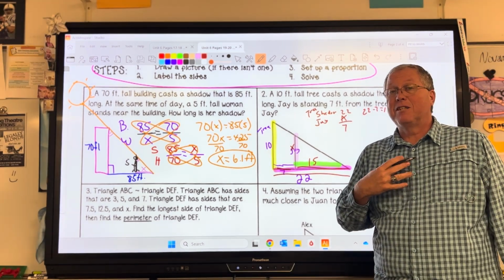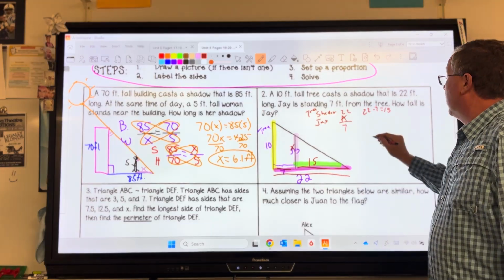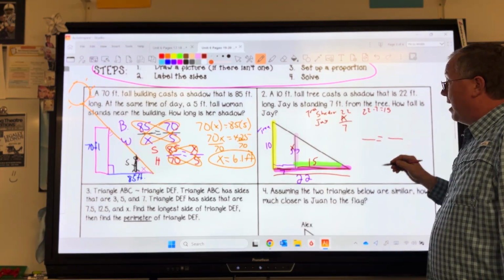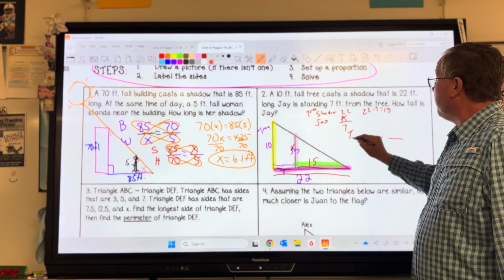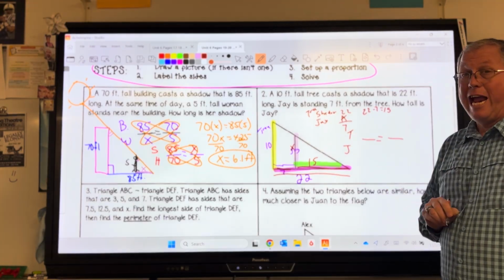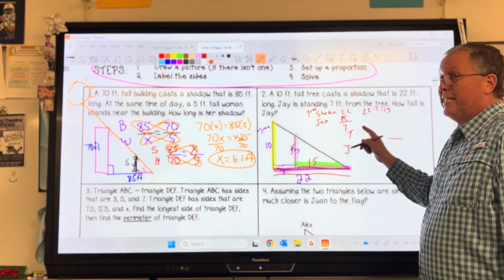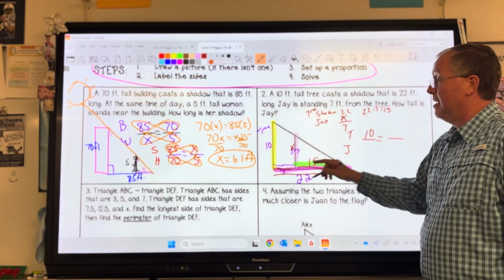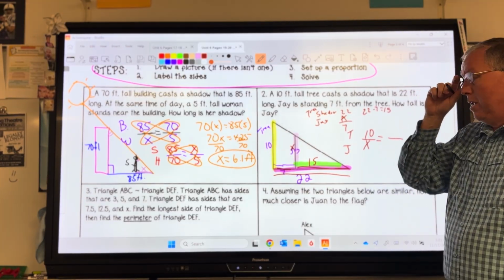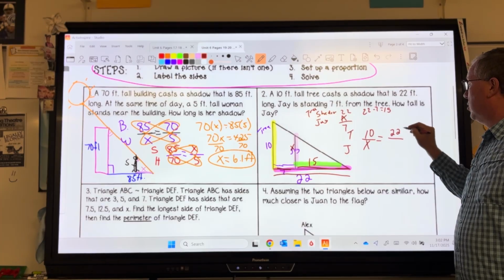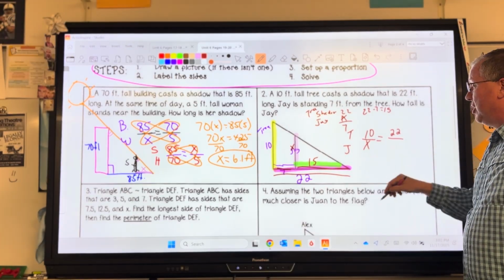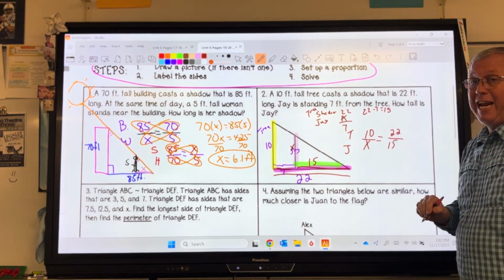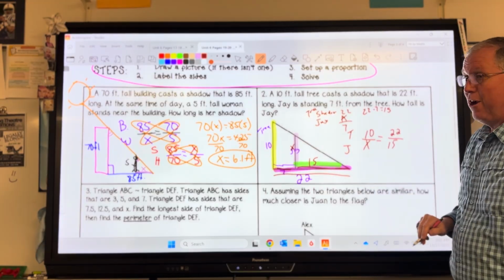We now have enough to set up our proportion. So I'm only going to do this once. I'm going to go tree to J. Tree's height, 10. J's height, I don't know. Tree shadow, 22. J shadow, 15. That was the distance from J over.